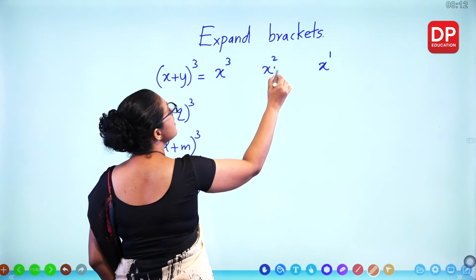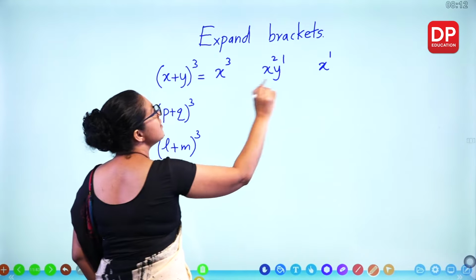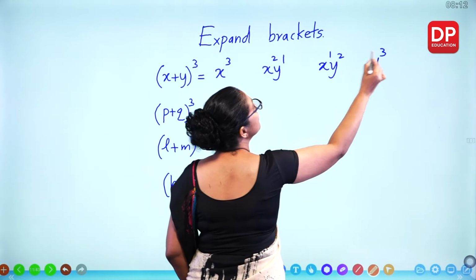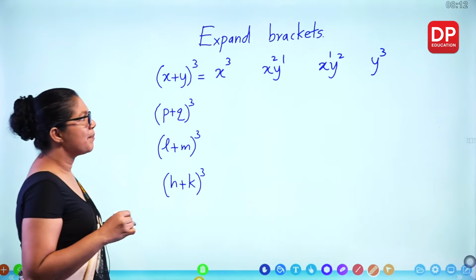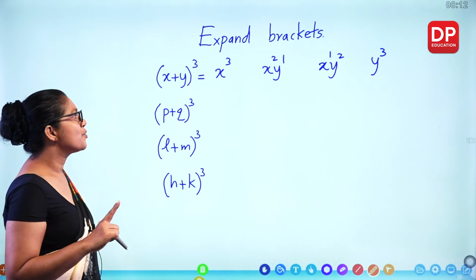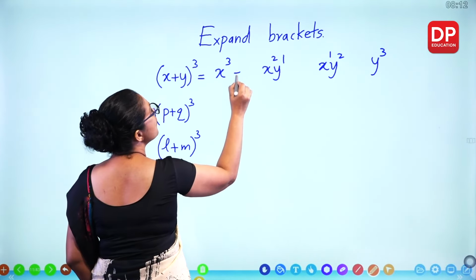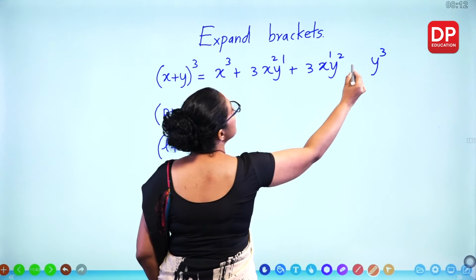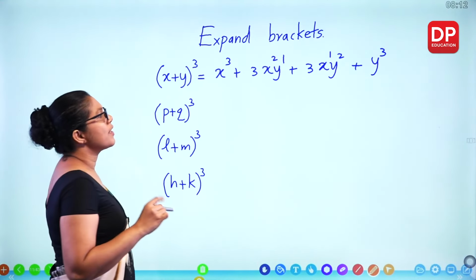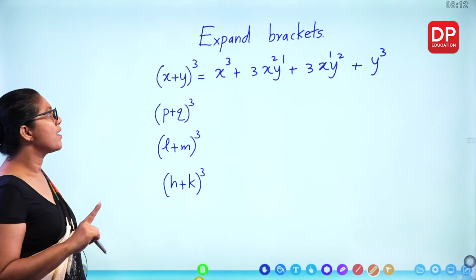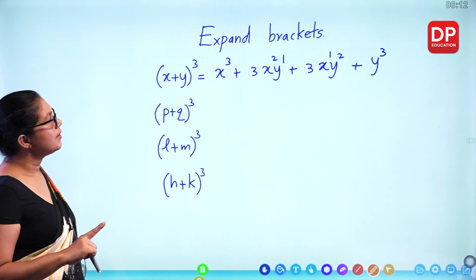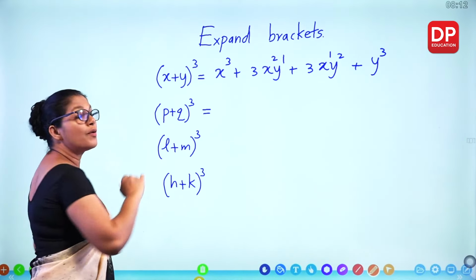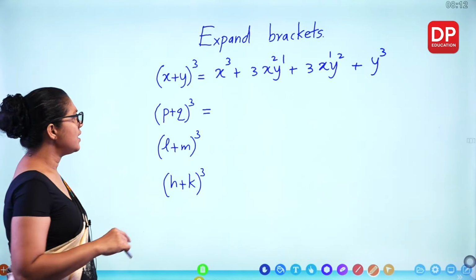Second term, starting from power 1, it increases. And then what happens? The middle terms you get 3, so 3 times this, 3 times this. Last term and the first term you get coefficient as 1. So here, try to apply that pattern for this one.